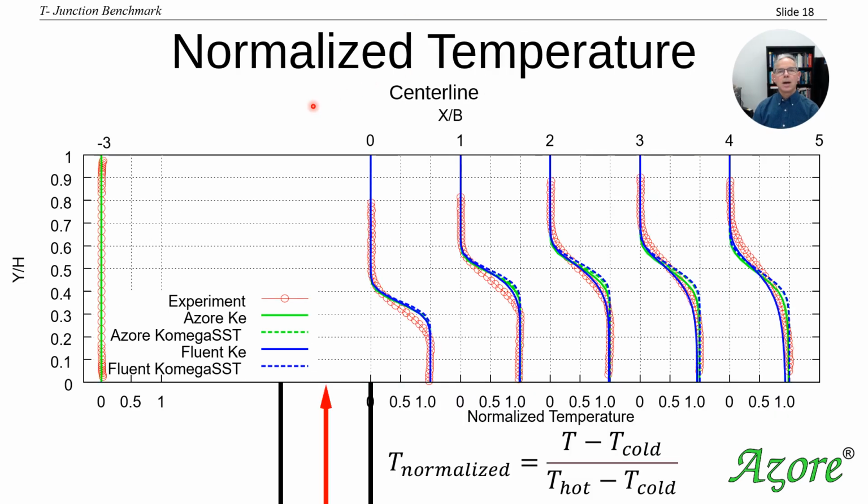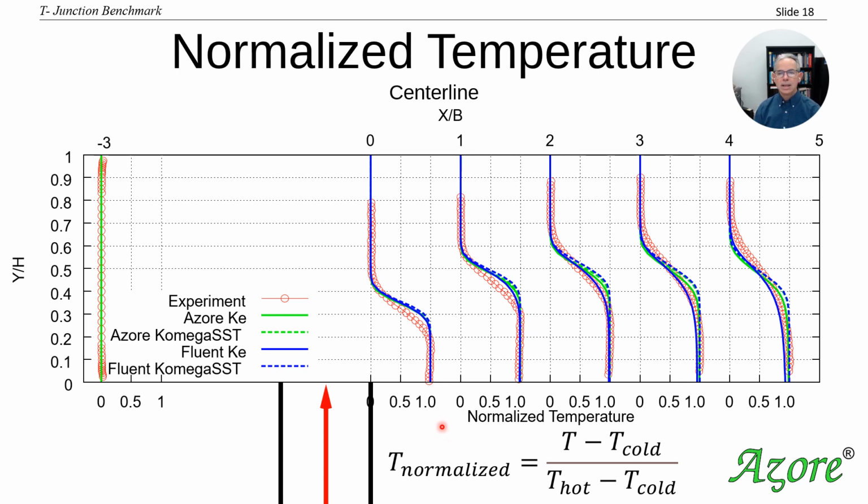So now we're going to look at the comparisons of the temperature to the experimental data. And just like with the velocity, we're going to use a normalization technique to get values between 0 and 1. And here is the equation that we'll use. We'll basically take the local temperature minus the reference cold temperature, divided by the difference between the hot and the cold temperature, and that'll give us values between 0 and 1.